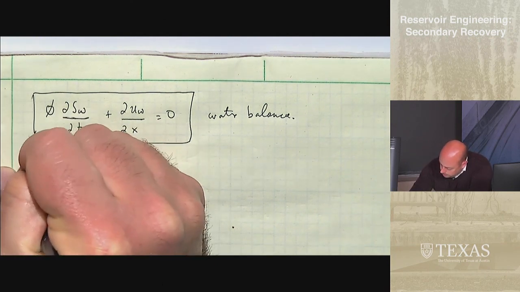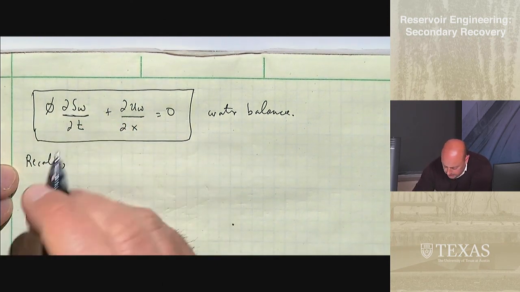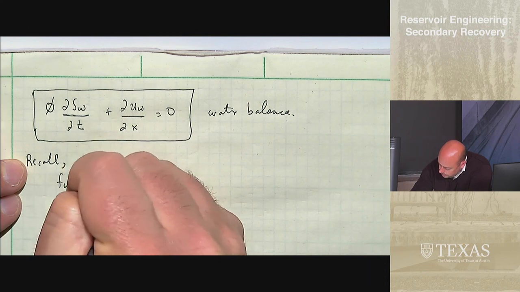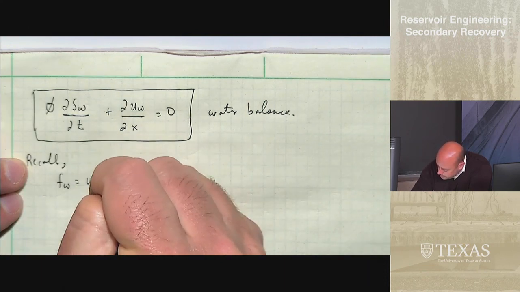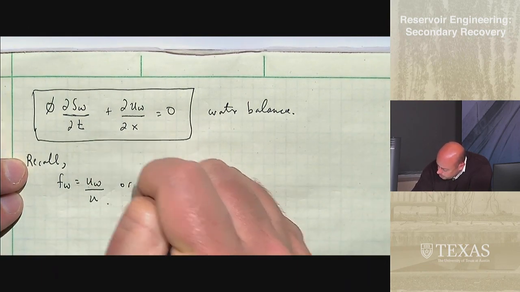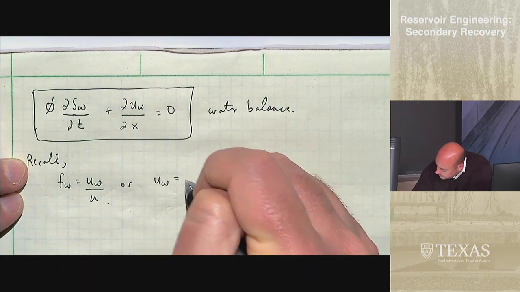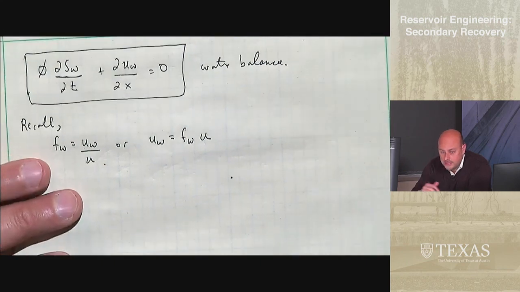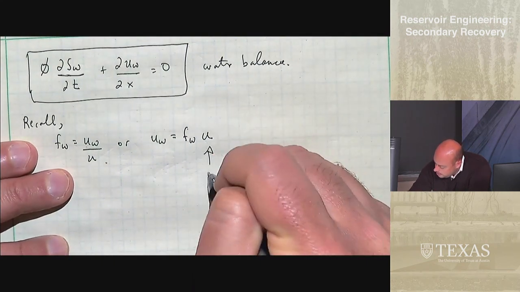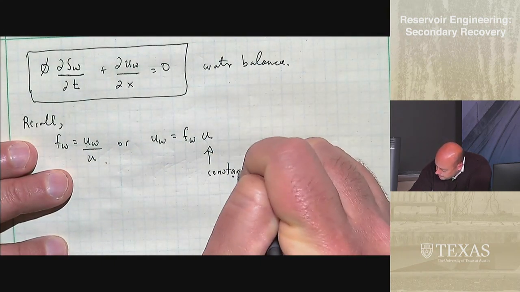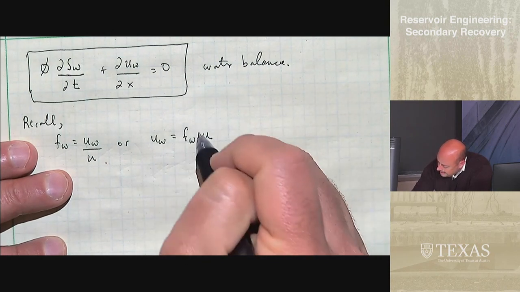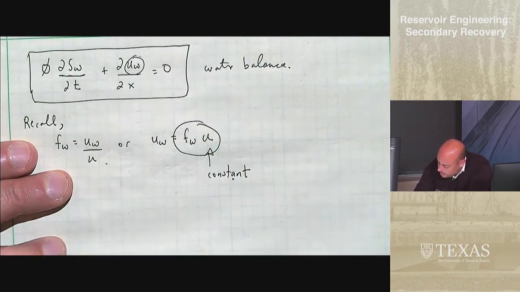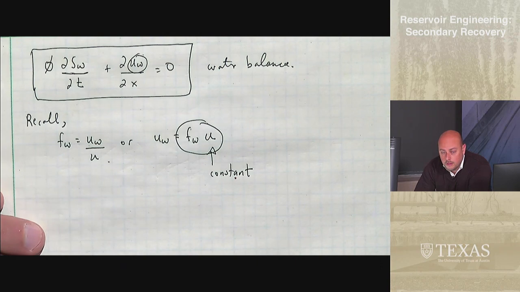And I'm going to recall, this was a problem on your exam, that FW, the fractional flow of water, is equal to UW over U, or UW is equal to FW times U. And we already said on the last slide that U is a constant. So I can take this and replace it over there. And because U is a constant, I can take it out of the derivative.